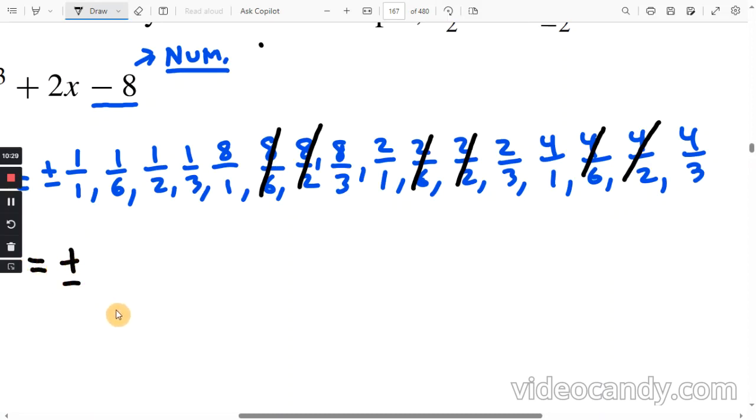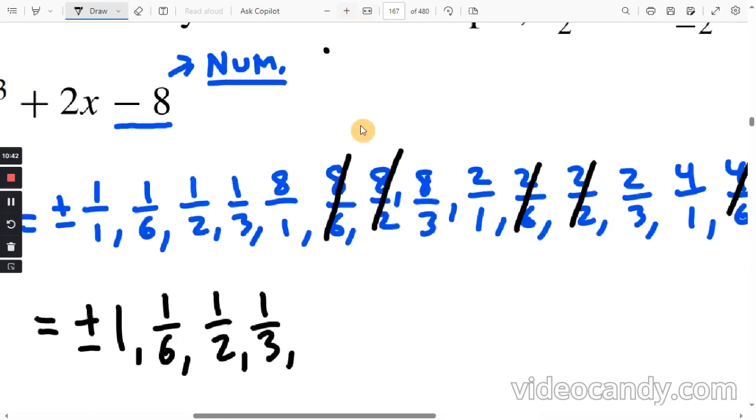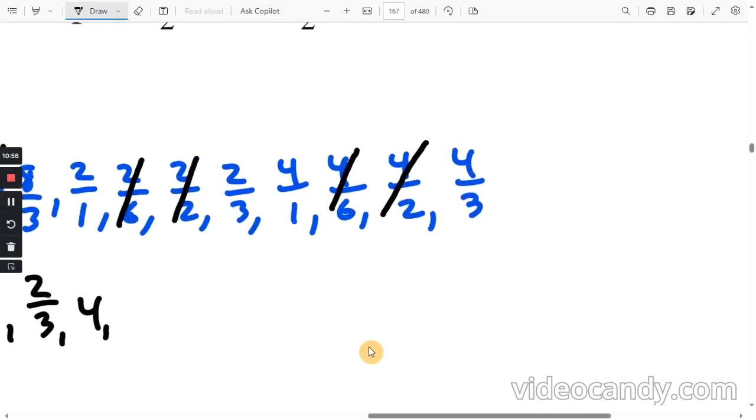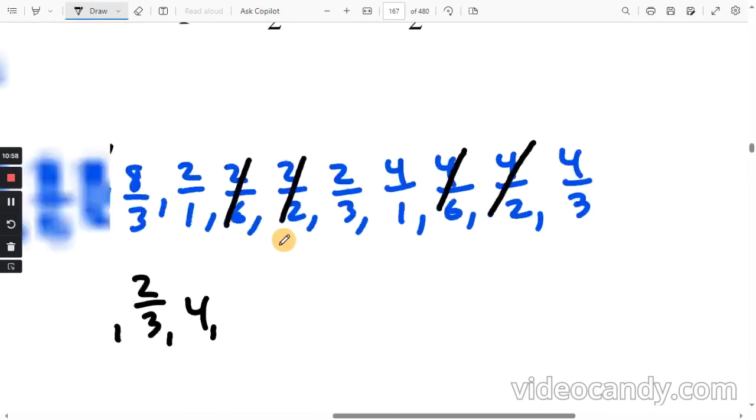So we still have the plus minus. 1 over 1 is just 1, 1/6, 1/2, 1/3. And then we have 8/3, and 2 over 1 is just 2, 2/3, 4 over 1 is just 4, and 4/3.